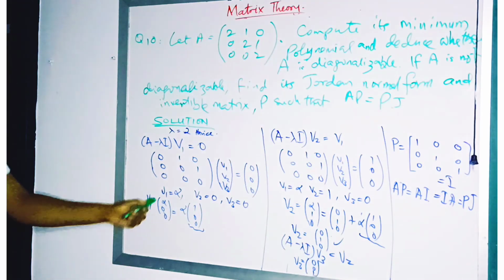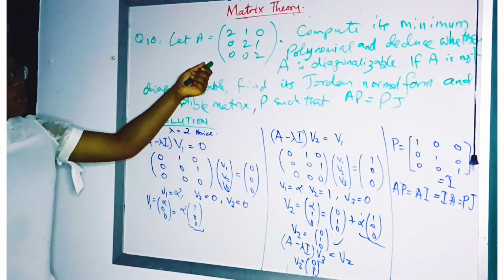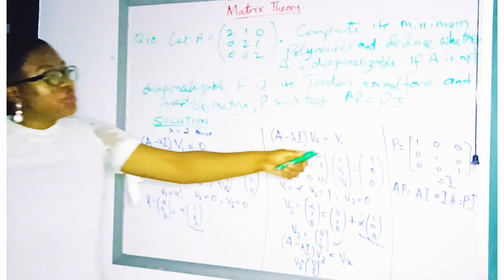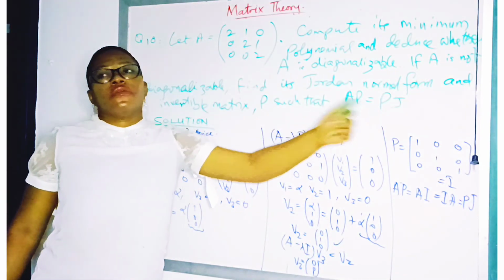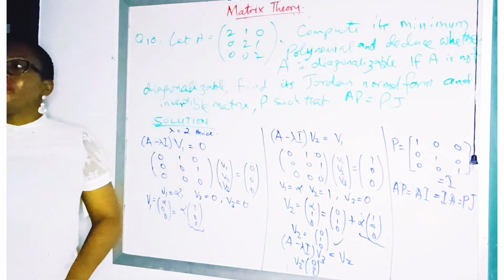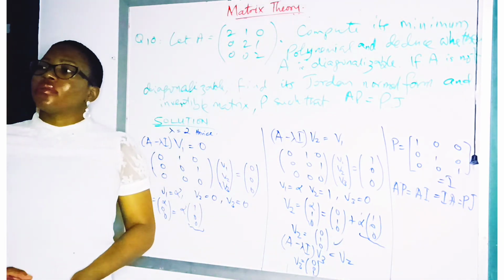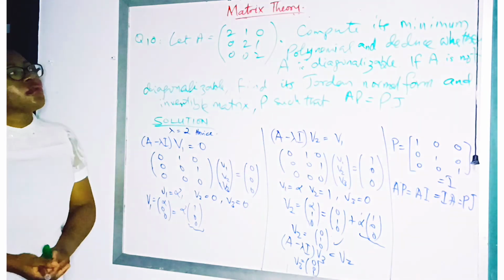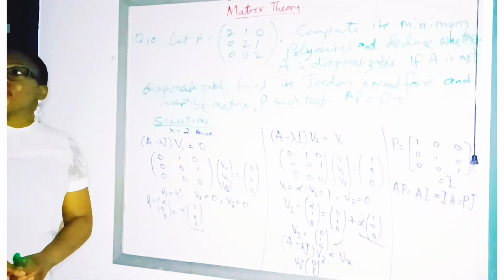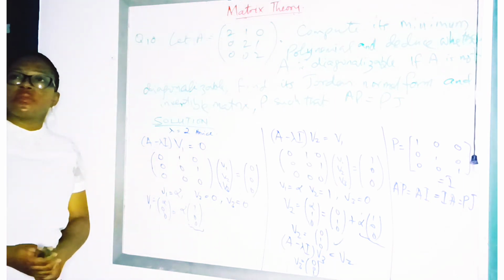So we have found J, which is exactly A, and we have found P, which is the identity matrix, so that AP is equal to PJ. And we are done. But instead of doing all these calculations, since the Jordan form that we got is the same as A, can we just say that P is the identity matrix?